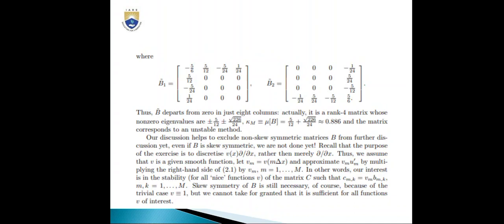Thus, B̄ departs from 0 in just 8 columns.